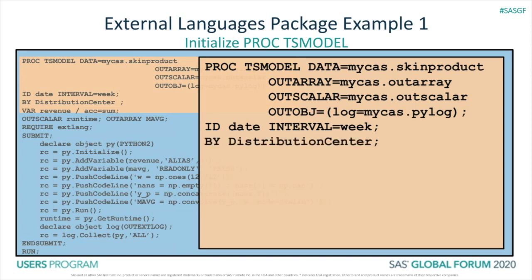BY is where we delineate how we want these time series to be parallelized. In this case, each distribution center is going to be its own time series. So depending on the number of distribution centers we have in the skin product data set, we'll have a separate process for each of those. And we'll automatically send that sub-series of the time series to the appropriate worker node.